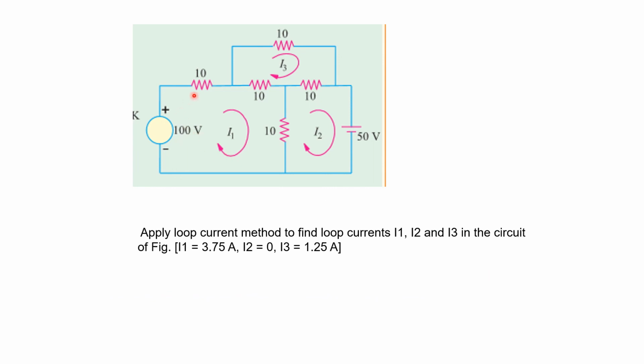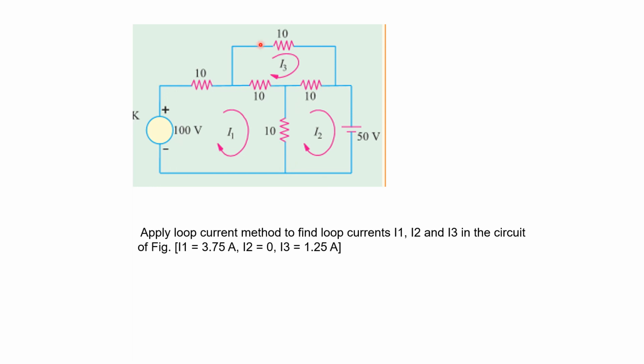Now in this diagram, this is loop 1, this is loop 2 and this is loop 3. So how to get R11? R11 is 10 plus 10 plus 10 equals 30. How to get R22? R22 is 10 plus 10, 20 ohm.